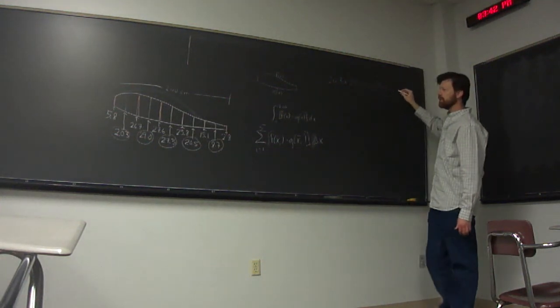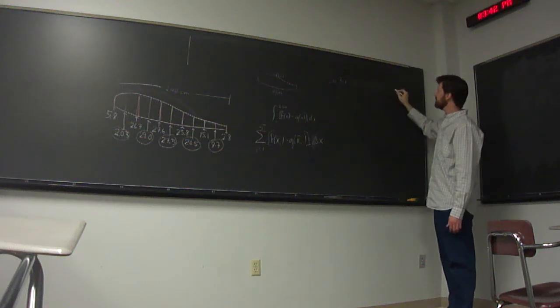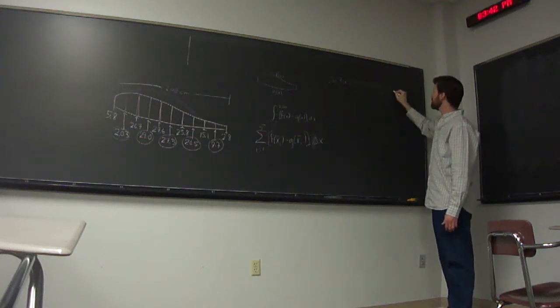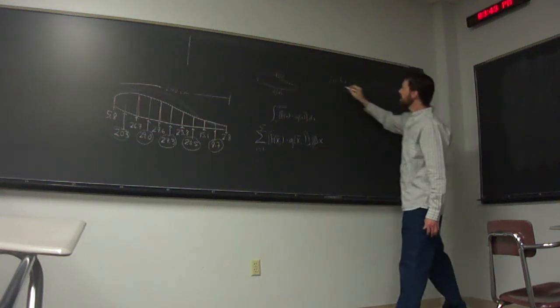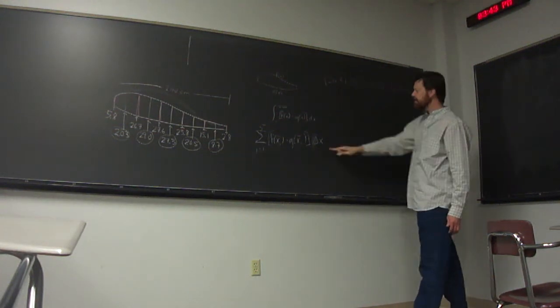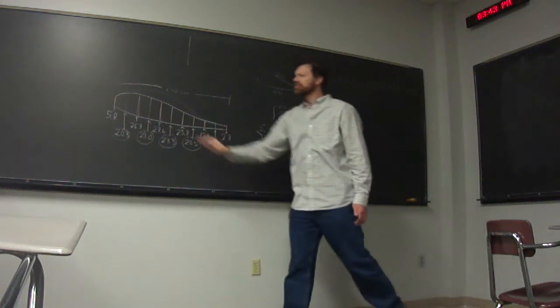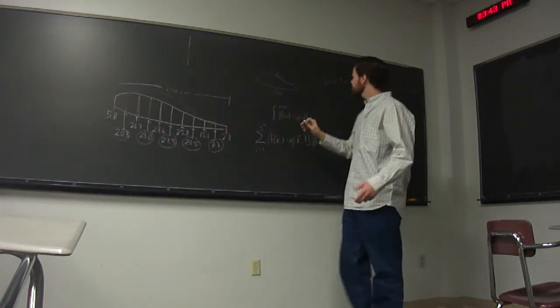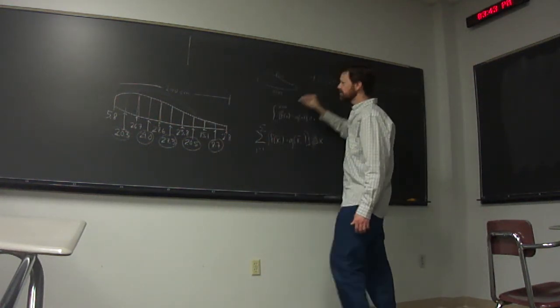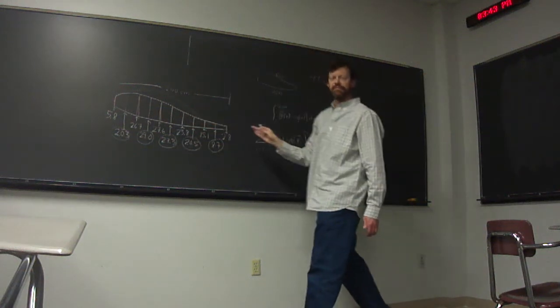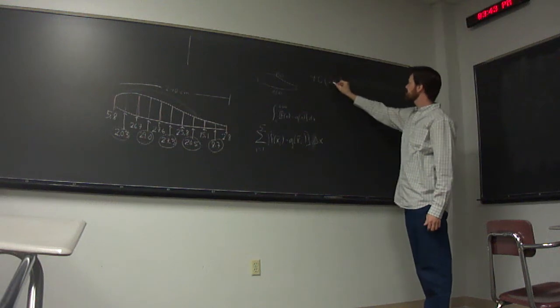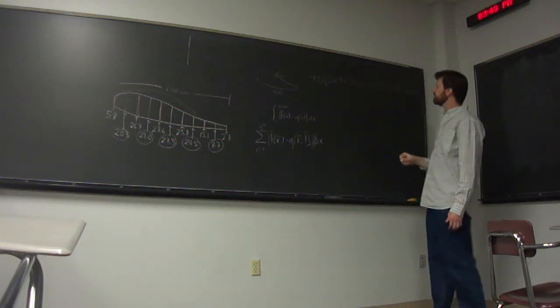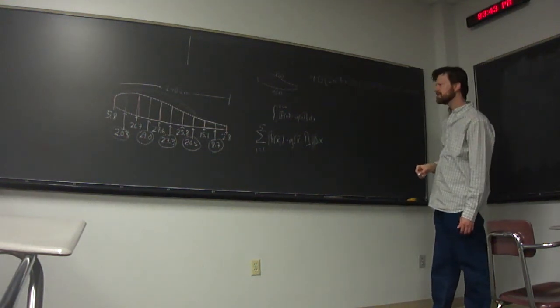Okay, so I've got 20.3 plus 29.0 plus 27.3 plus 20.5 plus 8.7. And then I need to take that times my delta x, which is the length of each subinterval. So that's my 40 centimeters, 200 divided by 5. From here, it's just the calculations. Oh, that's not right.